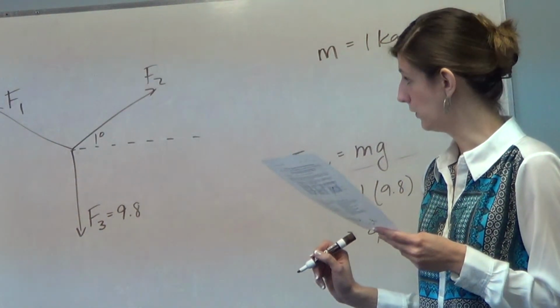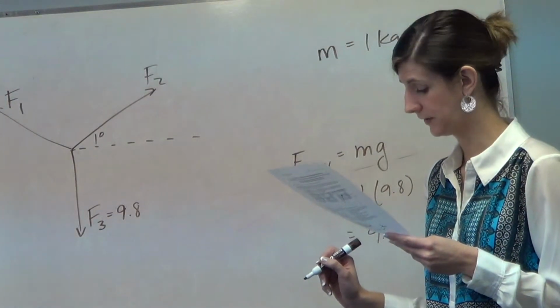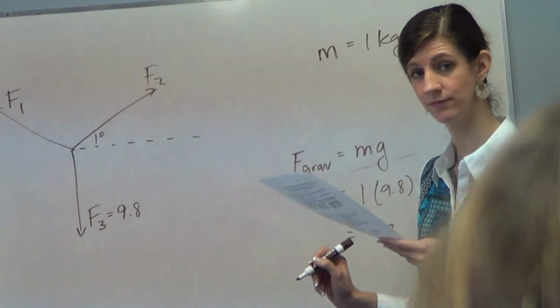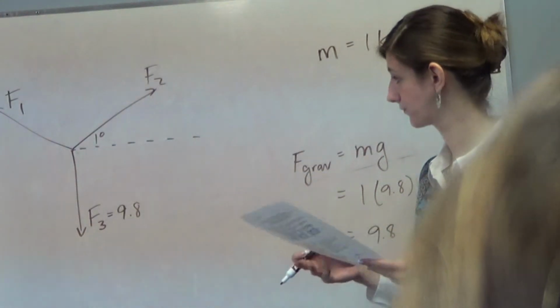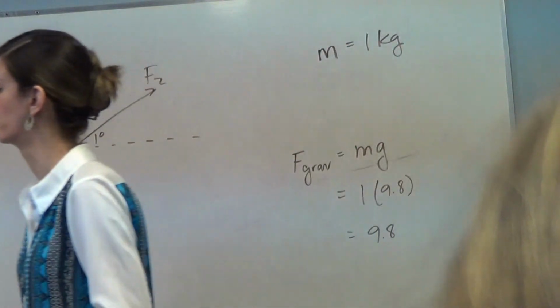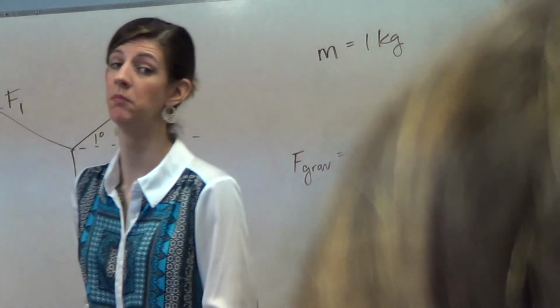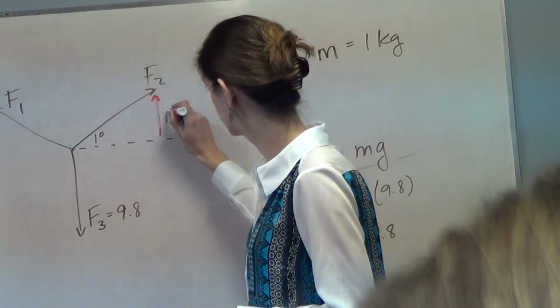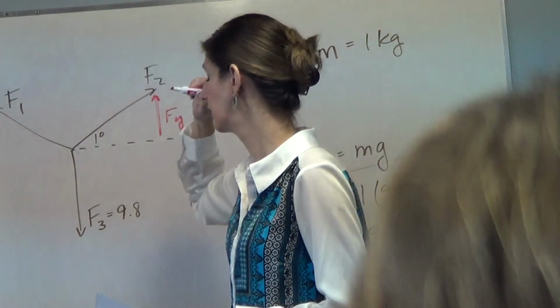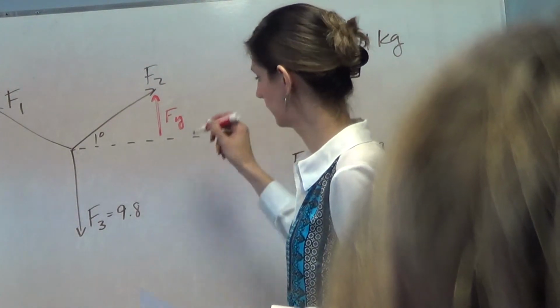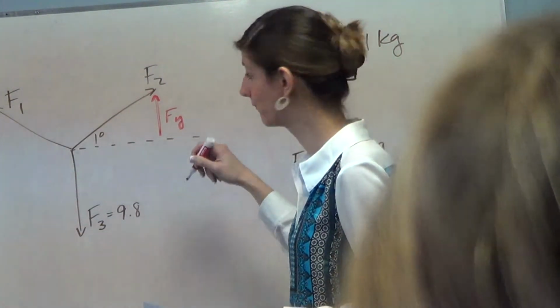And so then, what do we know? Each Fy is half of 9.8, which would be 4.9.